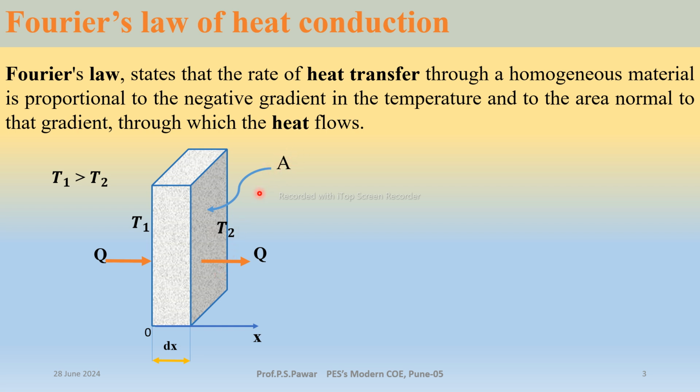Here the area normal to this flow in the left to right direction is A. Temperature on the left side is T1. Temperature on the right side of the wall is T2. Here T1 is greater than T2. So heat flows from the left side to the right side because of this temperature difference.